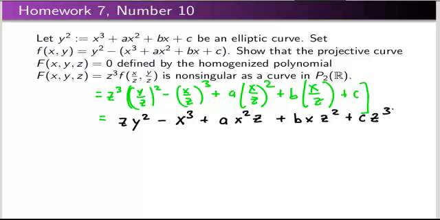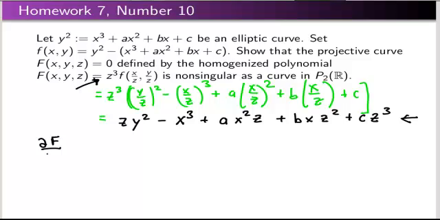So a cube like that. Okay, so that's what f of x, y, z looks like. And now you need to calculate the partial derivatives. And the question is, do you want to use this form or use the original form here? And you can do it either way.